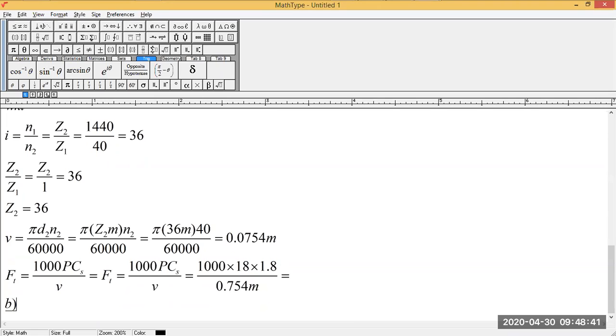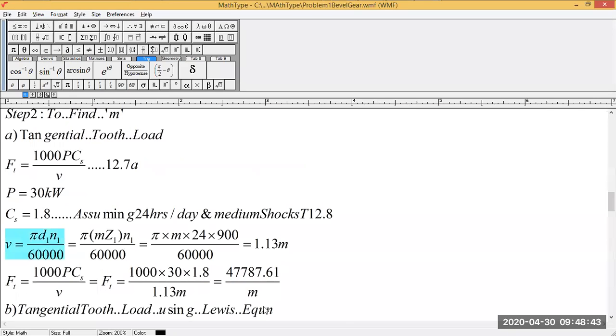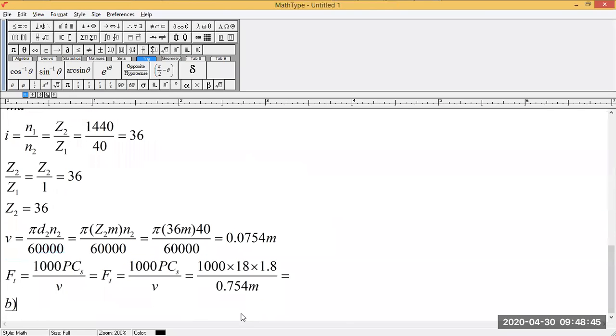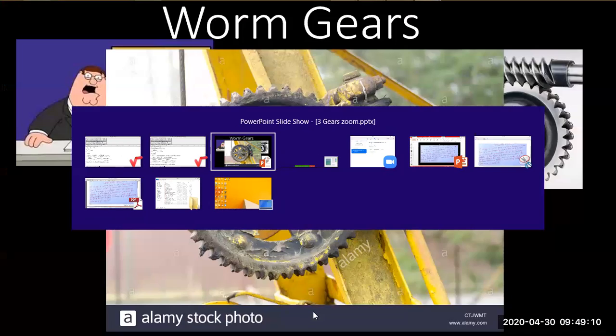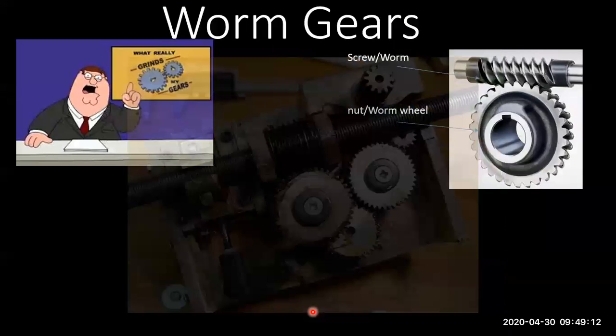Then the second part of this step 2 here will be the tangential tooth load. This is using the Lewis equation. So we are using the Lewis equation in step 2, as we have done for the previous numericals.